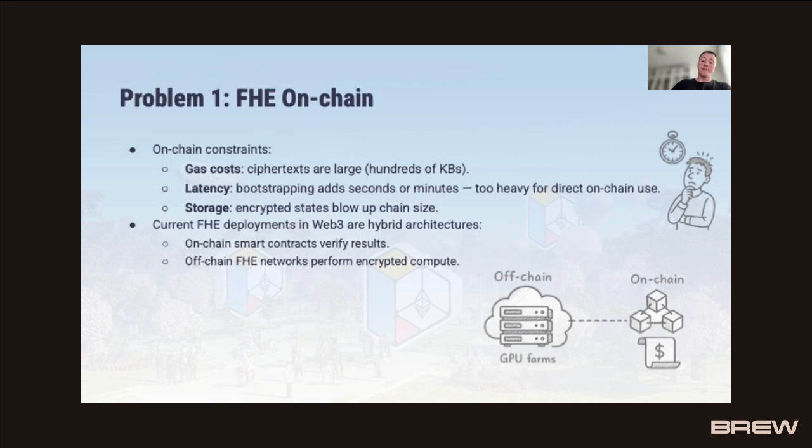But if the noise gets too big, then the decryption will return the wrong result. So after a couple of operations, or maybe after each operation, you need to do something called bootstrapping, which reduces the error in the ciphertext so that the decryption still works correctly. But this is very slow, and it hinders performance a lot.